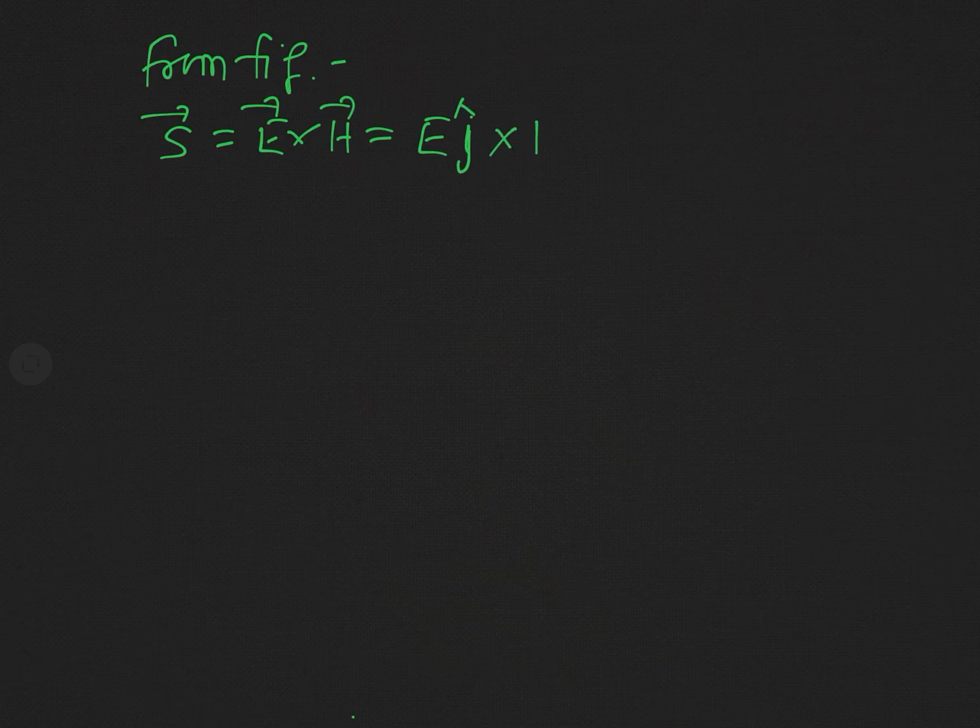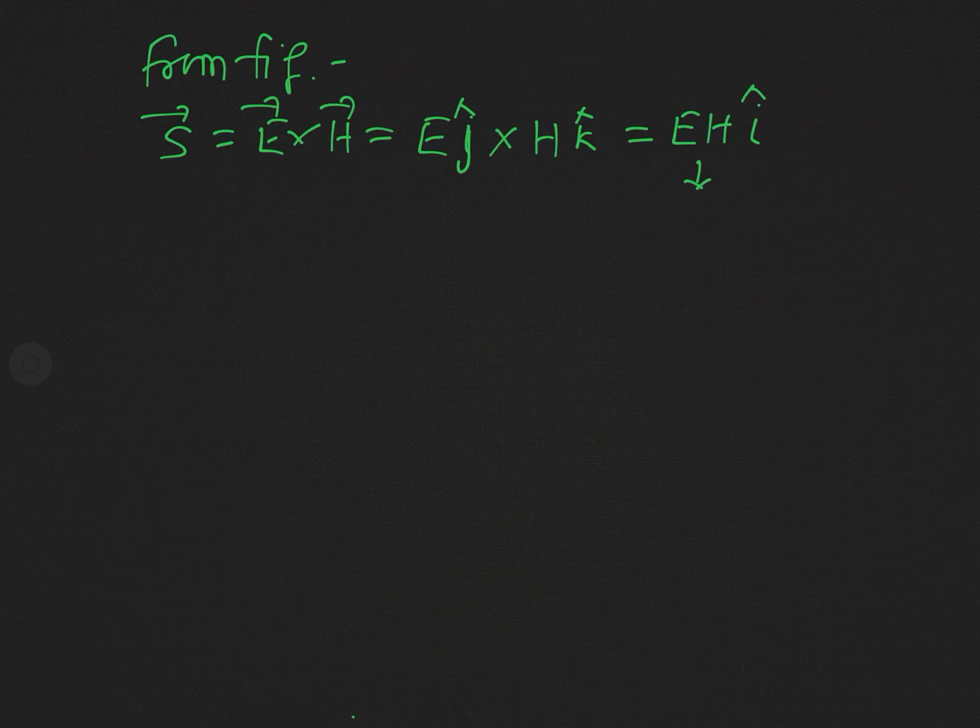cross H k, and this will be simply EH, and you know j cross k is equal to i. So in this case the Poynting vector is directed in the x direction, and this wave will be propagated in direction x.